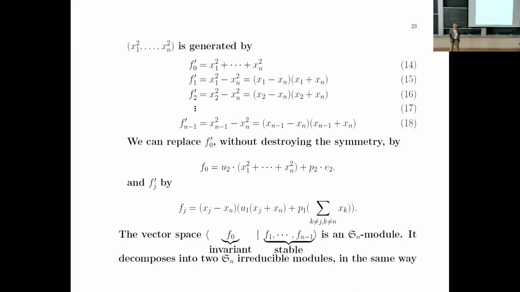Because all the variables are treated alike, I haven't destroyed symmetry.